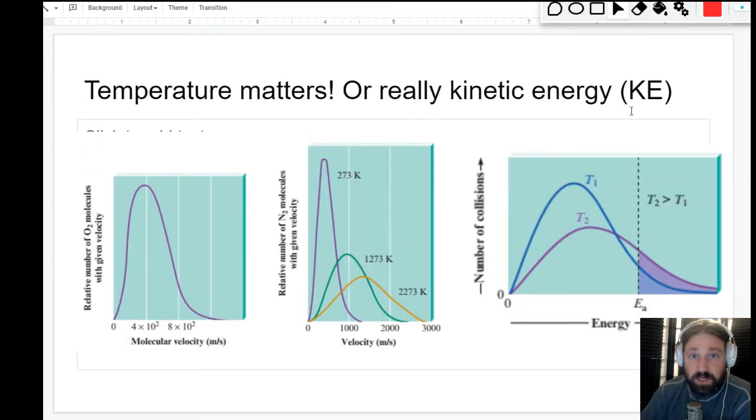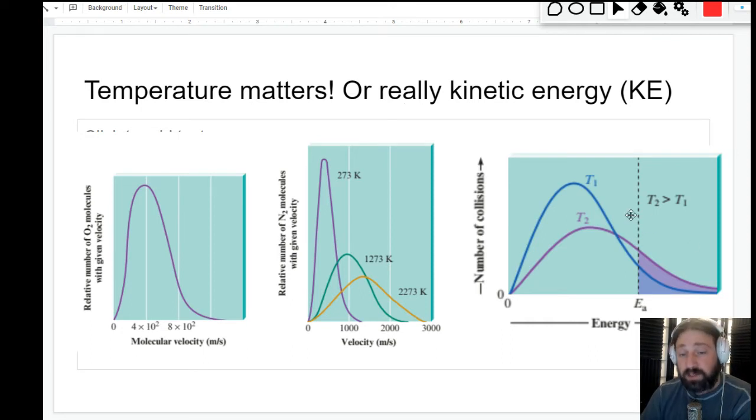Temperature, kinetic energy is a great way of doing this. One way to think about it, remember, if we are increasing temperature, what we're doing is increasing the kinetic energy of a portion of those particles. So if we have this activation energy here and we increase the temperature, we're going to have more particles being able to get over that activation energy hump, to jump over that hill.